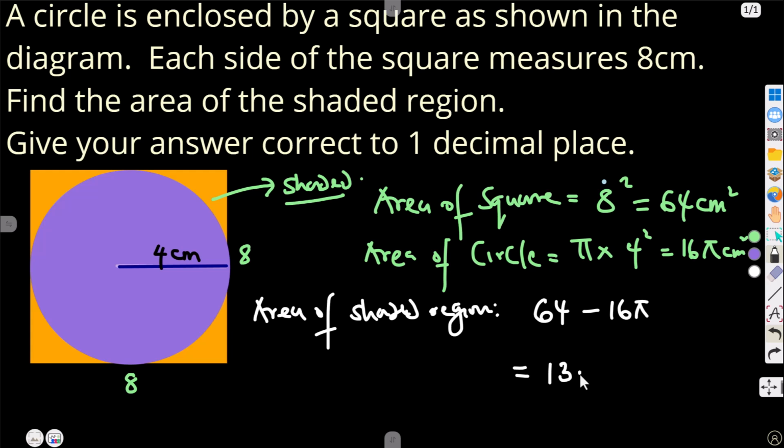So 13.7, and the unit definitely is centimeter squared. Now this is the area of these shaded parts.